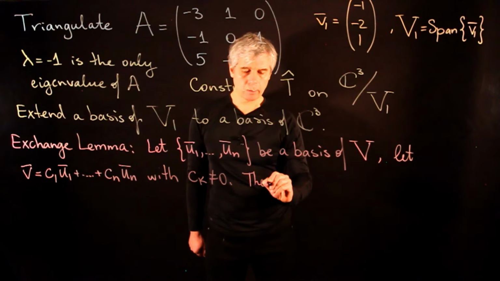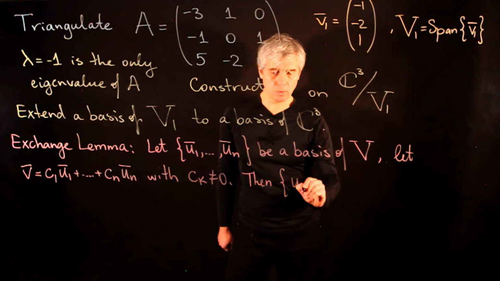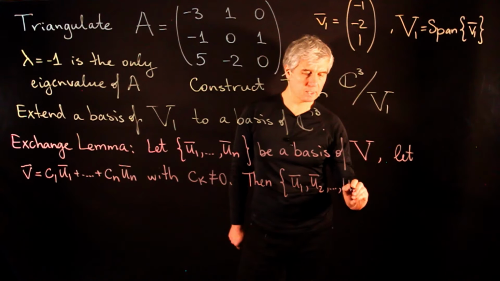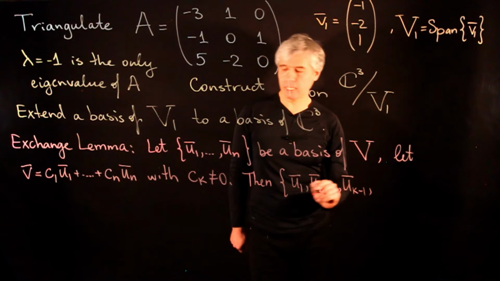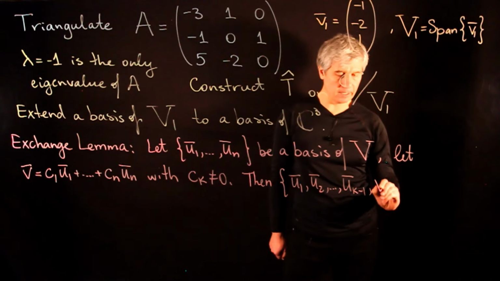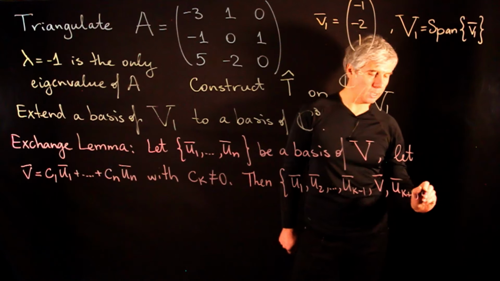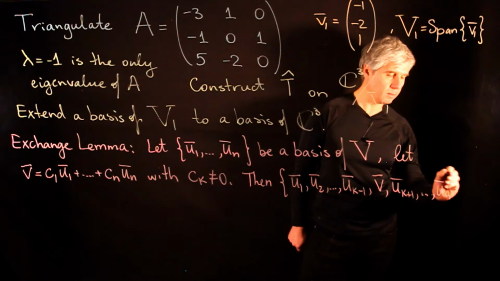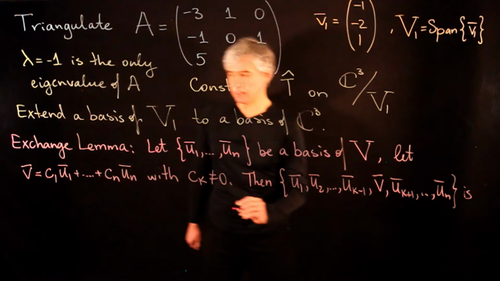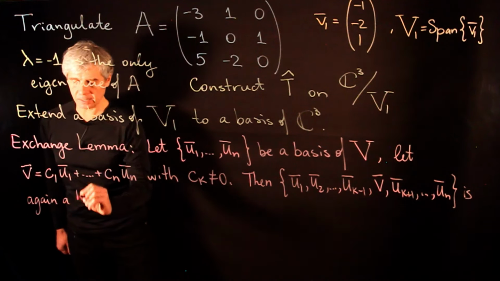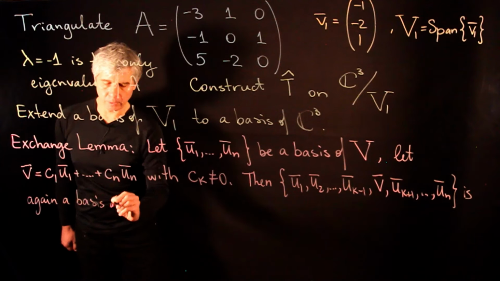Then the following set, U1, U2 up to Uk minus 1, where we replace the vector Uk with v, and then Uk plus 1 up to Un, is again a basis of V.